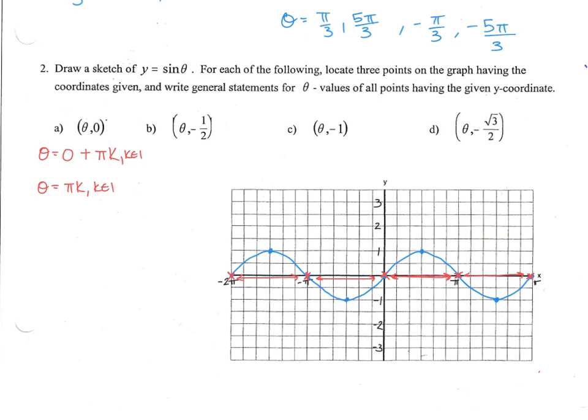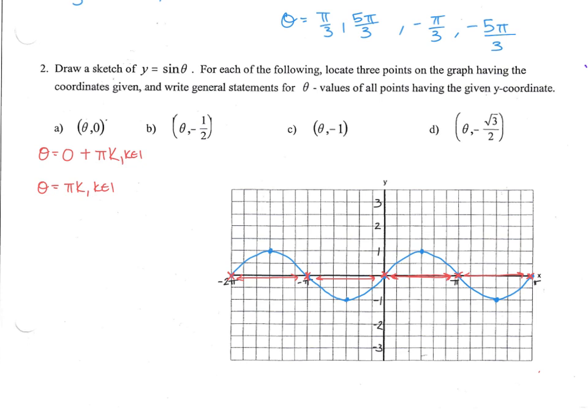So if that would be one positive rotation, we'd have a y value of 0 at angle pi. We would have an angle of 2 pi and a y value of 0. 3 pi, a y value of 0.